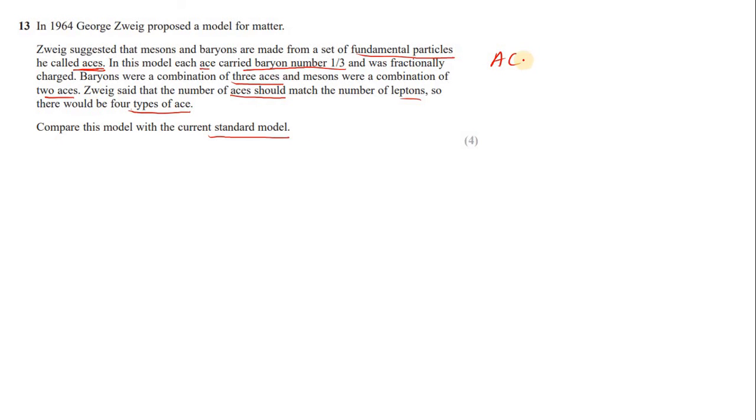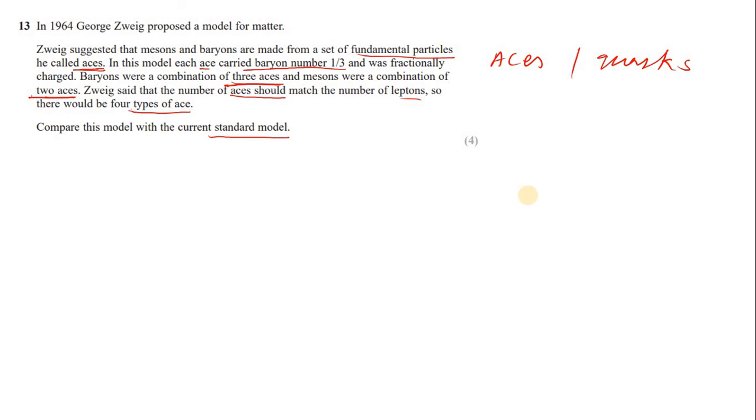Aces and quarks both are fundamental in their own model. As per Zweig, baryons were combinations of 3 aces, while in the standard model baryons are combinations of 3 quarks, and mesons were combinations of 2 aces, whereas mesons are made from 2 quarks. So these are some similarities between the two.